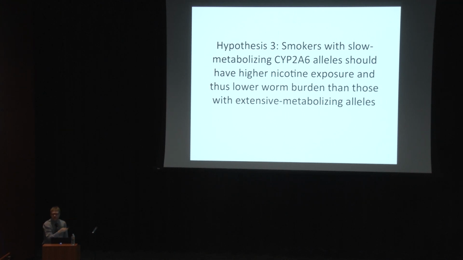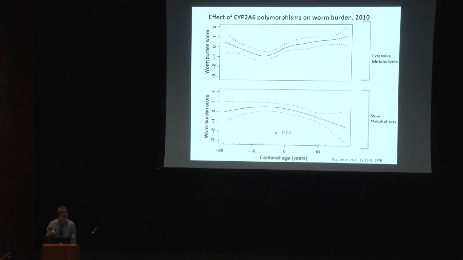And there's variation in these genes, right? There's some alleles that code for fast metabolizing alleles, some that code for normal metabolizing alleles, and some that code for slow metabolizing alleles. So we kind of hypothesized that those with slow metabolizing alleles would have more of the toxin in their body and therefore fewer worms. It's not exactly what we found here.